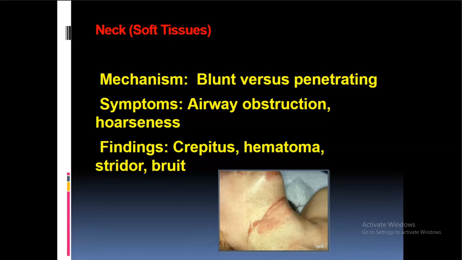Can anyone give me a simple explanation of the meaning of stridor? Doctor, it is the high-pitched sound that happens during inspiration, and it usually indicates narrowing or obstruction in the trachea, an upper airway obstruction. Excellent, very good. So it is an upper airway obstruction. It is an abnormal breathing, a breathing with special sounds that happens due to obstruction of the airways.